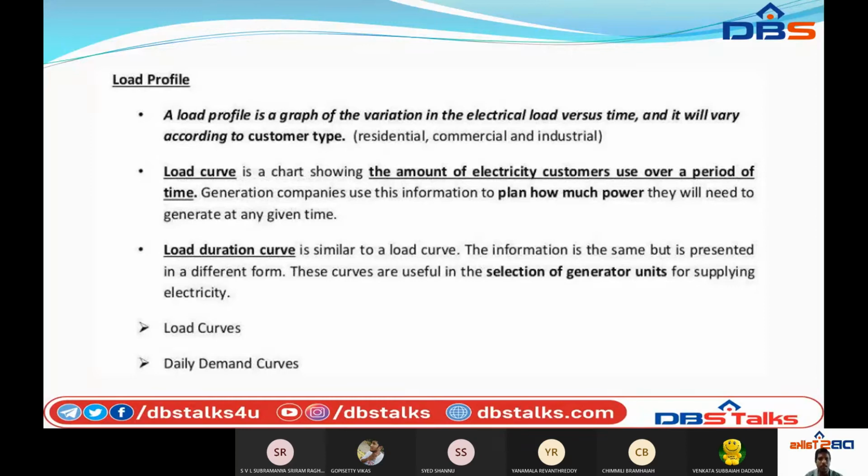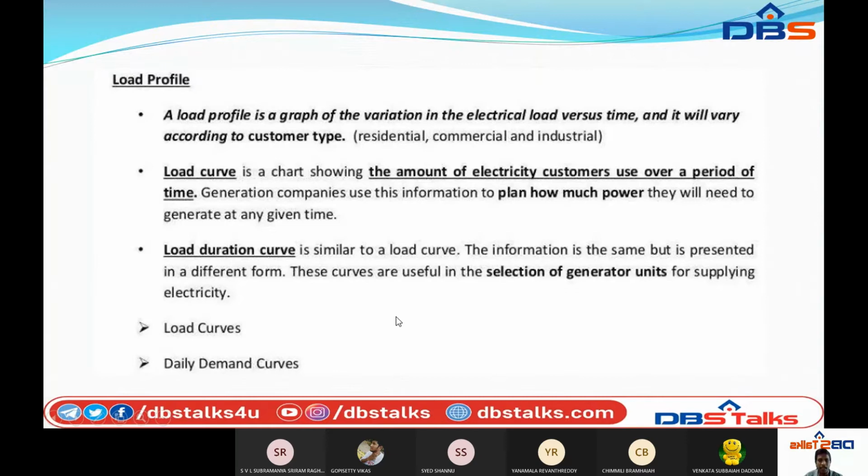The load curve is a graphical record of power demand. The load duration curve shows the same information as the load curve, but presented in a different form, in chronological form, that means ascending order. These curves are useful in the selection of generator units, and include daily demand curves and hourly demand curves.